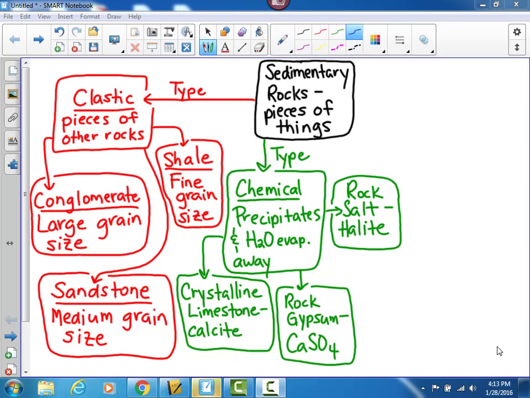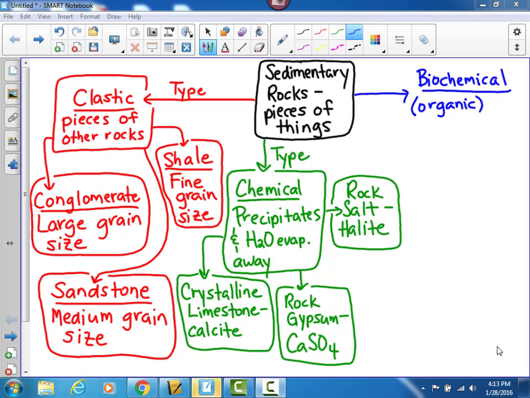The third type of sedimentary rocks, I'll put over here, is called biochemical. These are sometimes also called organic rocks. And you might guess by putting those two words together, the prefix bio and the word organic usually refer to things that have to do with life.